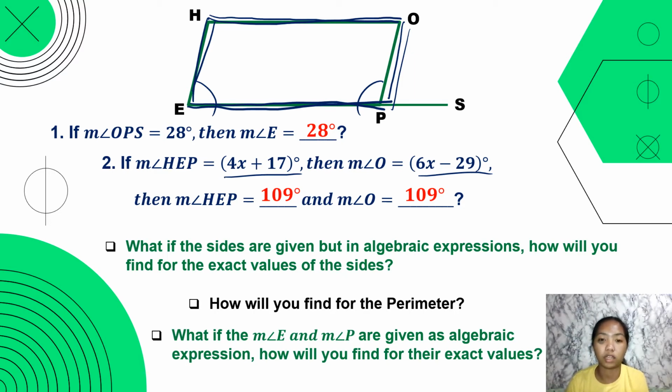For example, we will use the same algebraic expressions, 4x plus 17 and 6x minus 29. We add the two, and since they are supplementary, they equate to 180 degrees. And then you solve for x. After you find x, you substitute it into the expression that represents each angle.